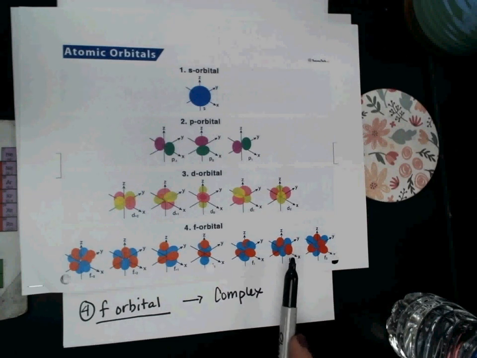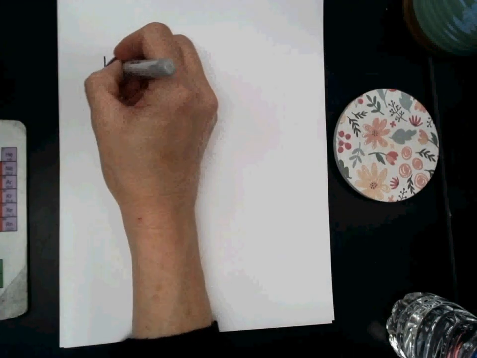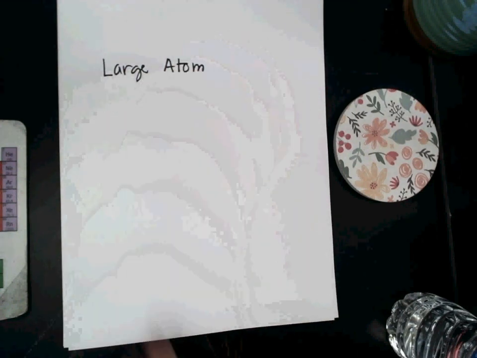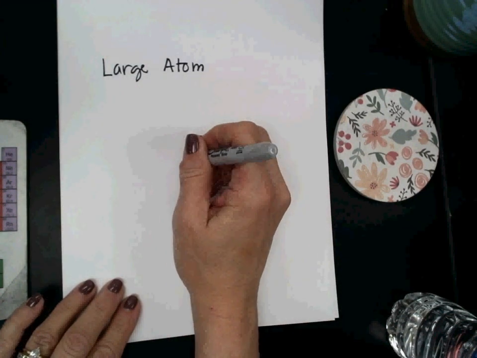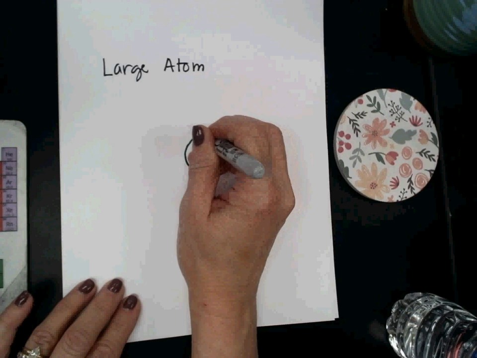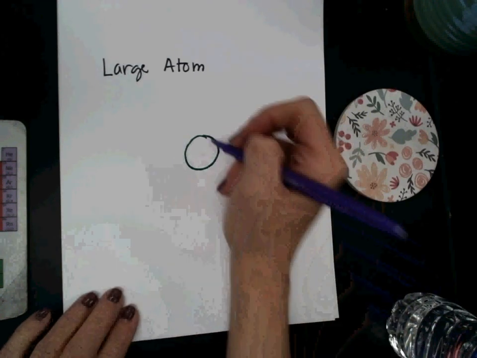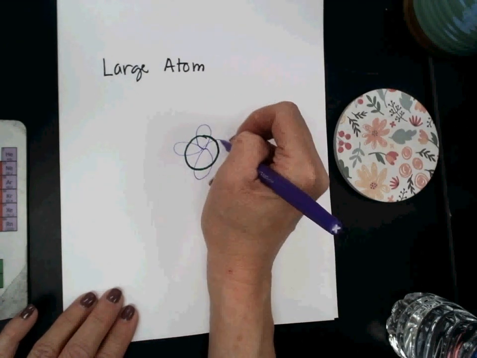You can't. So when you start putting all these together, if I have a large atom and I put all the orbitals together, I've got my circular orbital, and I would actually try to draw this. Then I come in with my dumbbell shapes, but there's one here, here, here, and then I have to go up here.